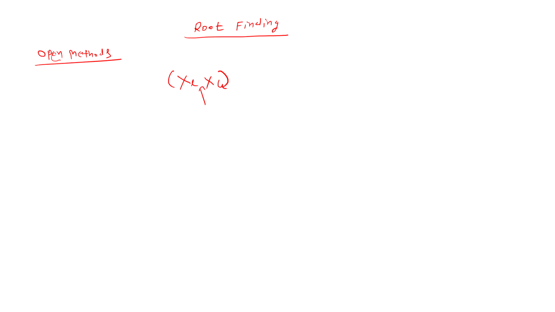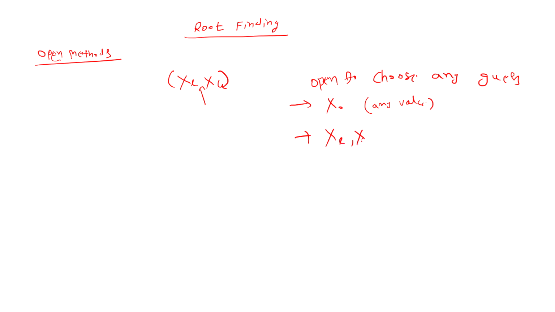But in open methods, we are open to choose any guess. So we are open to choose any guess value. If one initial guess is required, then we can take any value, and if two initial guesses are required, x lower and x upper, then there is no constraint on the values of x lower and x upper.